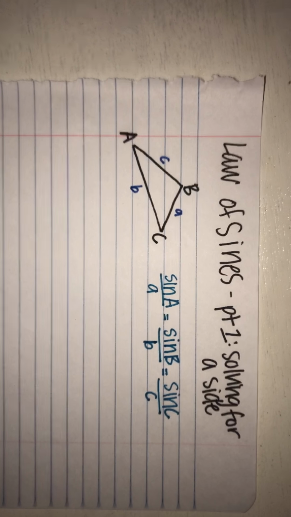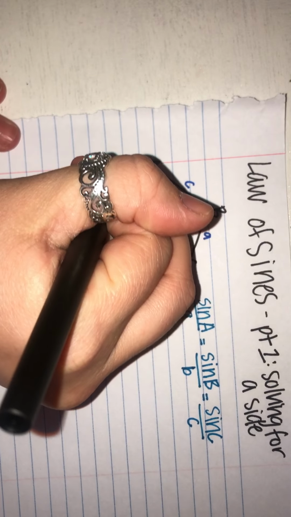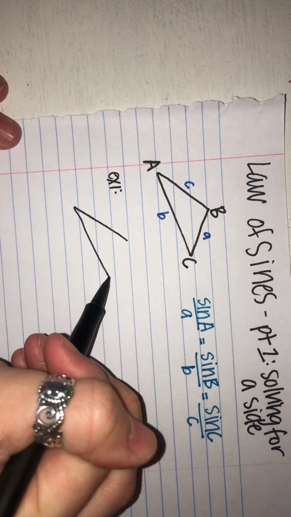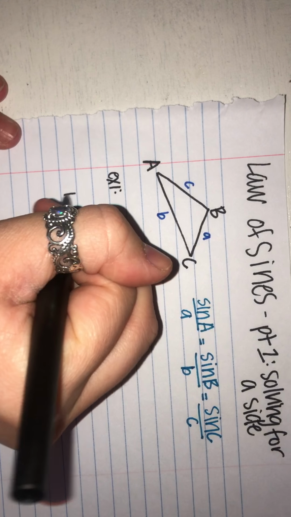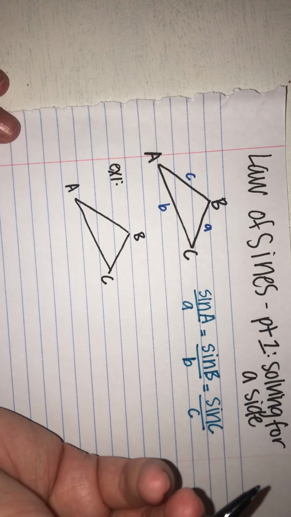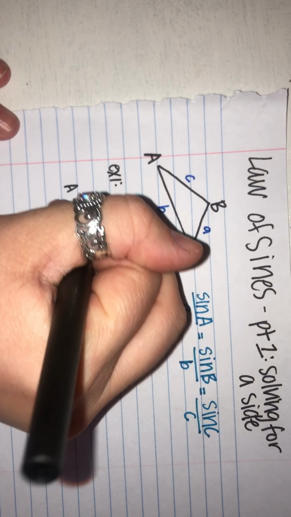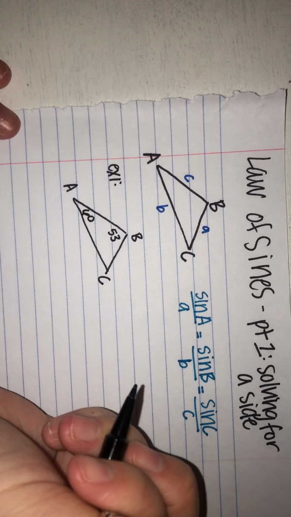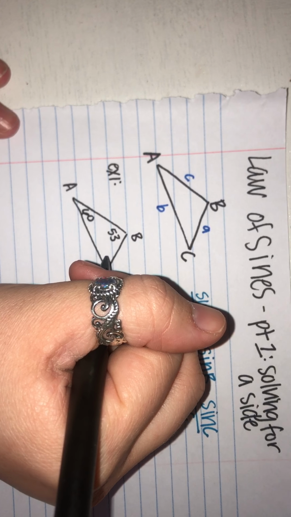So let's just start with example 1. I have some triangle ABC, and it is given that angle A is 60 degrees, angle B is 53 degrees, and angle C we don't know.